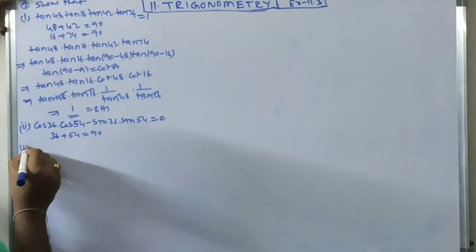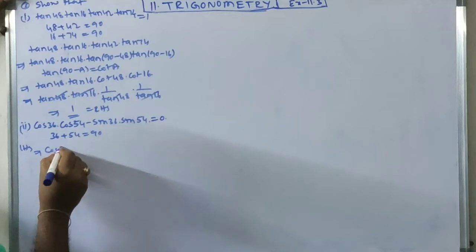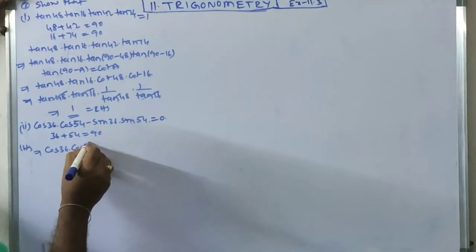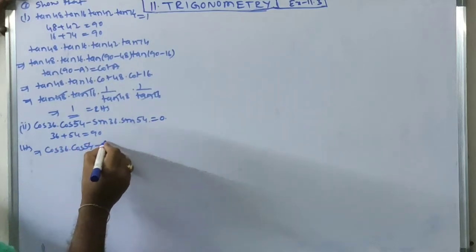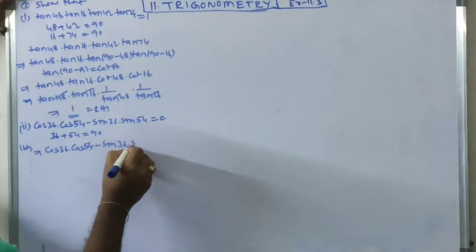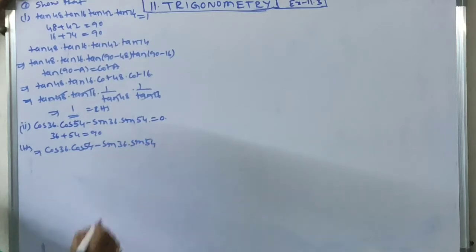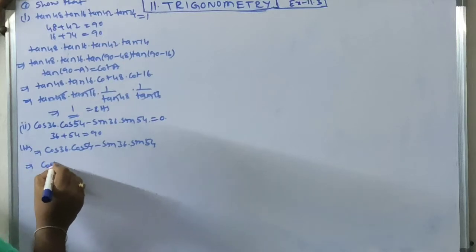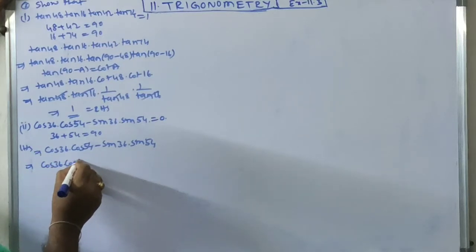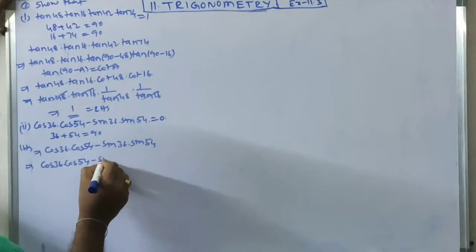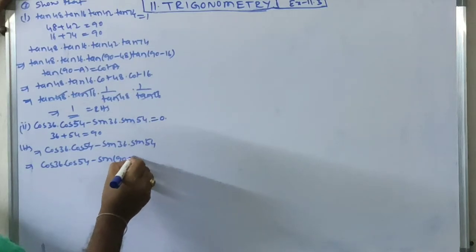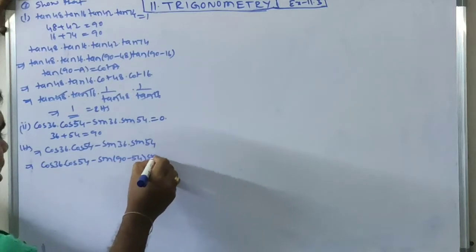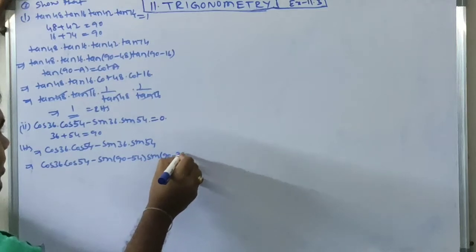LHS, I am taking the left side: cos 36 cos 54 as it is, and minus sin 36 sin 54, the total expression. Now cos 36 as it is, cos 54 is also the same, sin(90 minus 54), sin(90 minus 36).